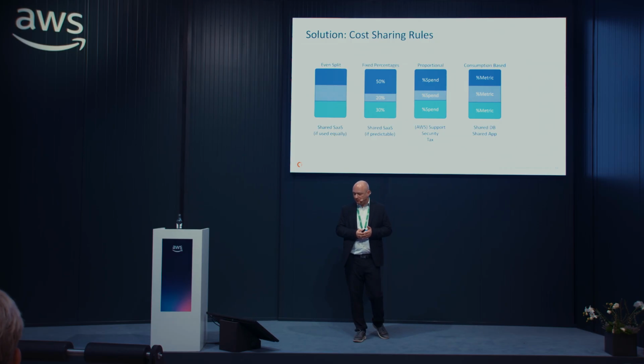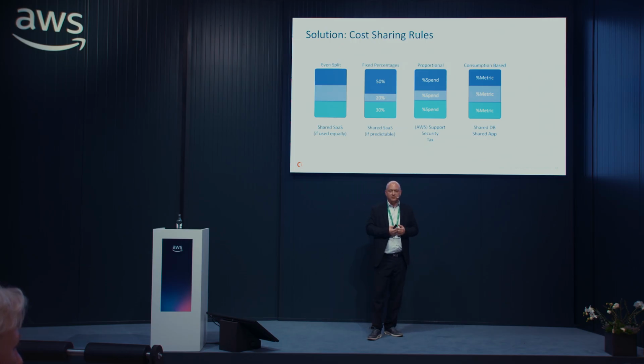Another more flexible one is the proportional split. The one with the biggest cloud spend gets the biggest amount of the shared cost. That includes some sort of dynamic, but it still might not be 100% fair, because you can have a group with a high cloud spend that is using nothing of that shared environment. Then it's not fair.